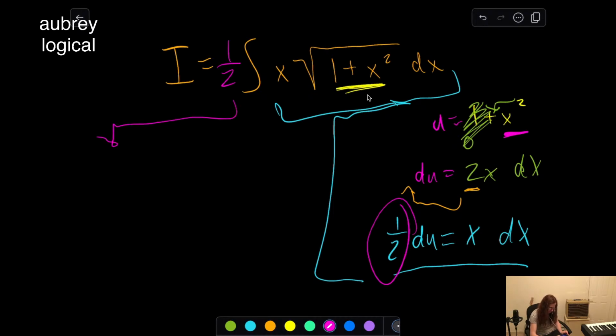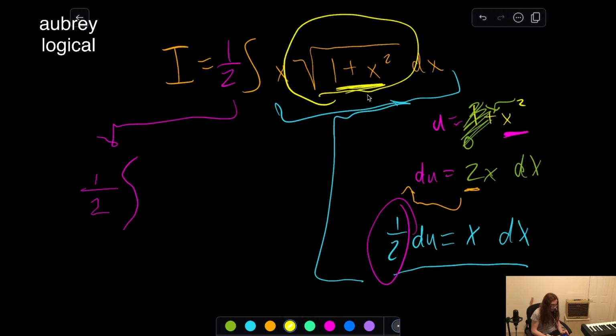So let's rewrite it. We've got 1/2 times the integral of, now we have 1 plus the square root of x.